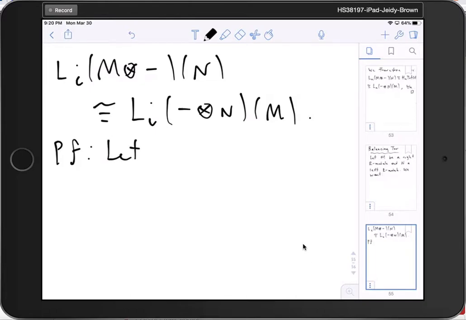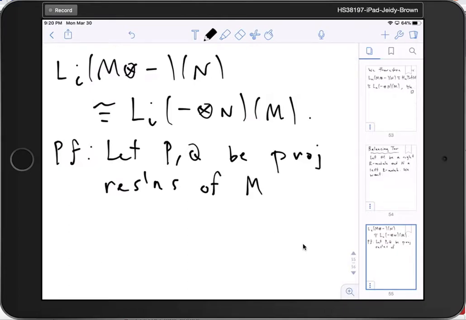Let P and Q be projective resolutions of M and N, respectively.